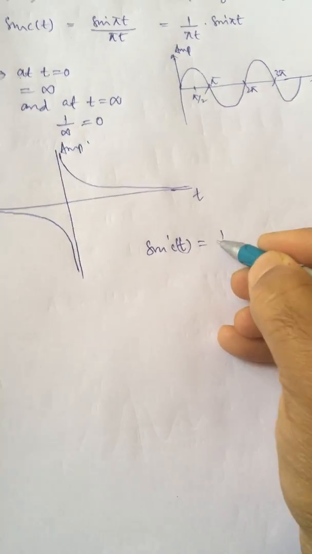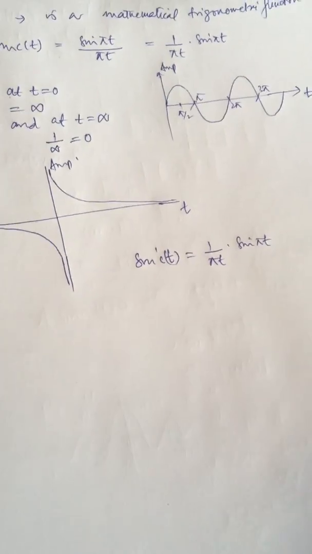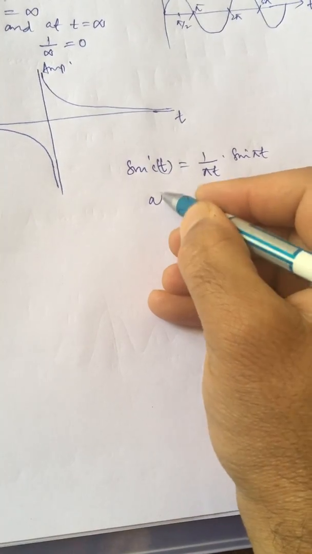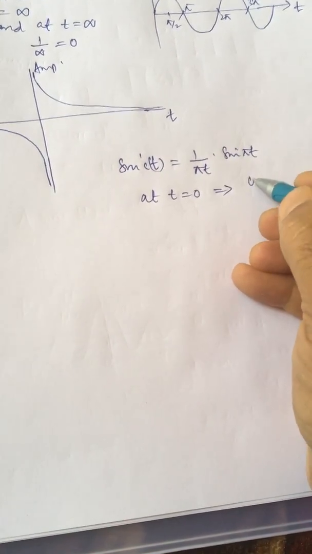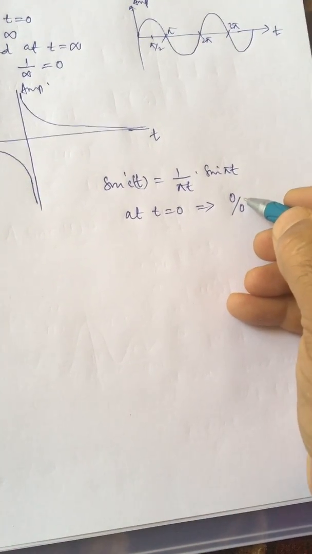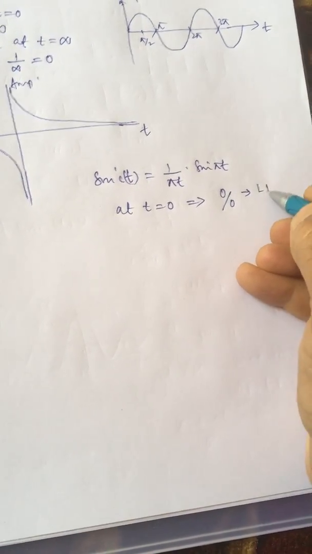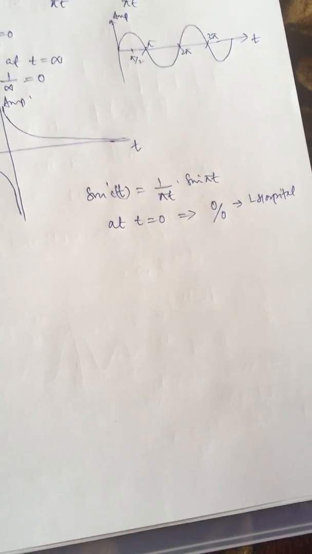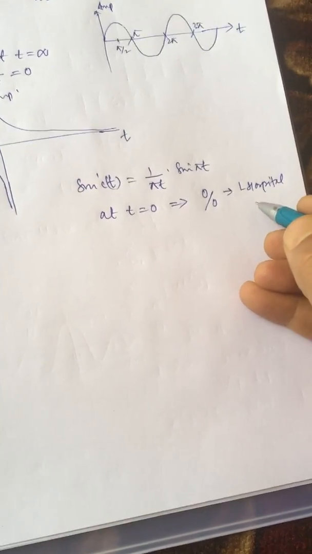Now if we take the function sinc of t, that's equal to 1 by pi t into sine of pi t. If we plot the graph, first of all we'll see at t is equal to 0, we'll get the function as 0 by 0. That means we cannot get the value at 0. So what we'll do is we'll apply L'Hospital's rule to find the value of the function at 0.